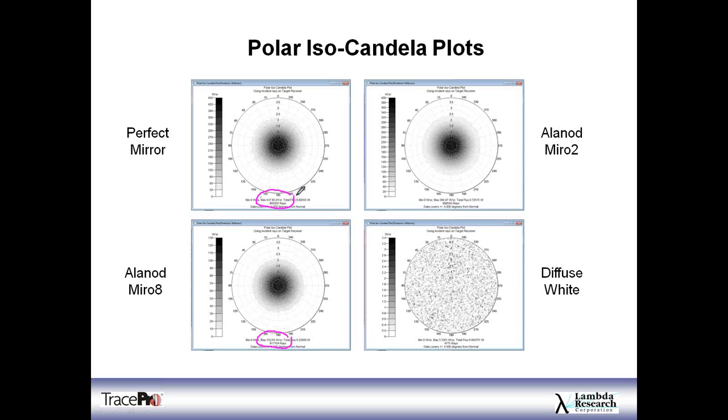Here we're at about 438, and here it's about 394. So as we add scattering to the surface, we're seeing less light, a less intense beam, and we're starting to see the light be scattered out a little more, so a little more diffuse.